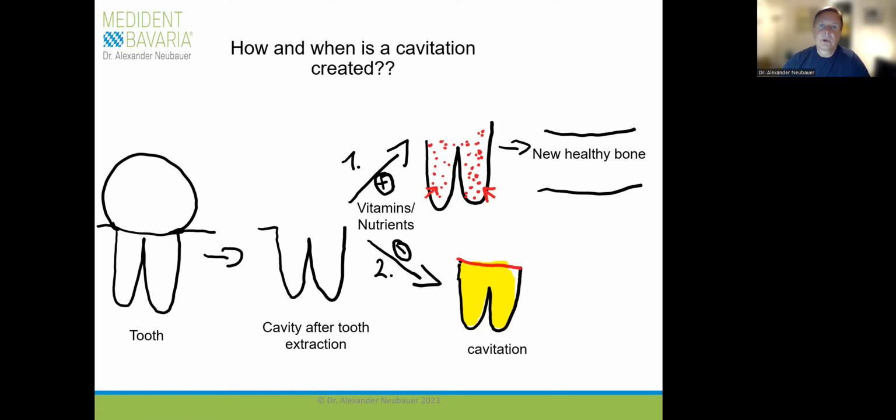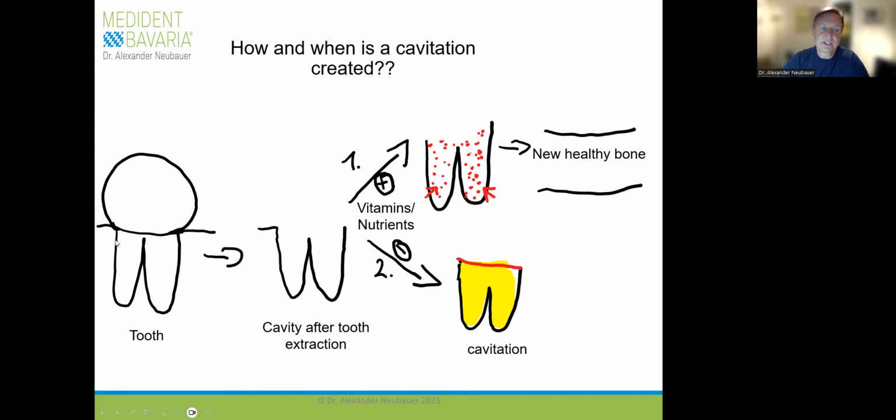But how and when is a cavitation created actually? How does it come to this diagnosis and to these big holes in the jawbone? Normally it all starts with the tooth, and especially with the tooth extraction.